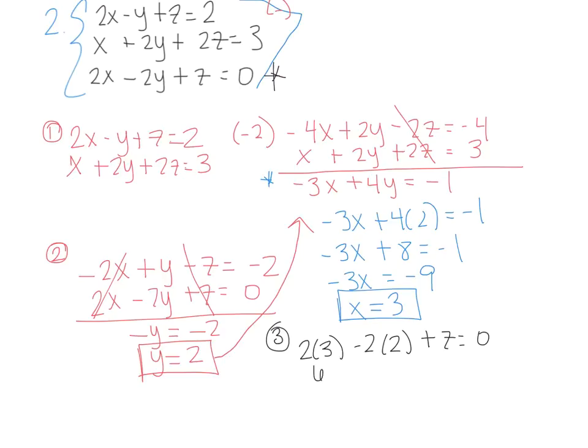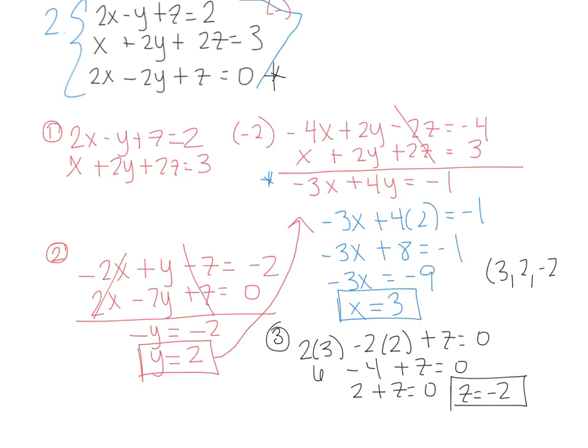So that gives me 6 minus 4 plus z equals 0. So I have 2 plus z equals 0. So z is equal to negative 2. So we have found x, which is 3, y, which is 2, and z, which is negative 2. And we're going to box our answer.